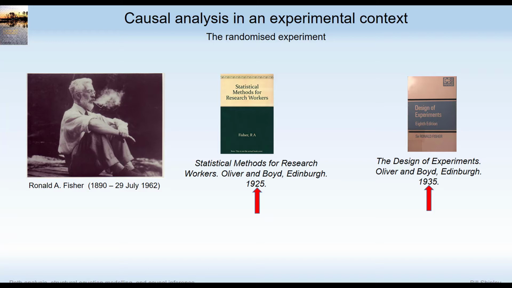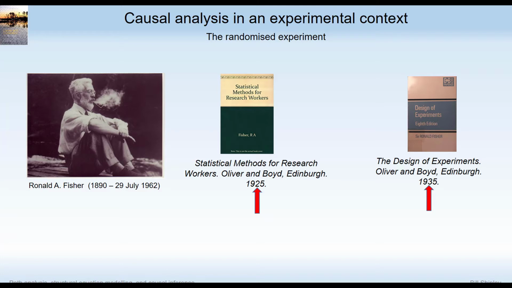So the randomized experiment was formally developed by the person you see on the screen, R.A. Fisher. R.A. Fisher was one of the great statisticians and theoretical evolutionary biologists of the 20th century. And the logic and methodology of the randomized experiment was presented in his 1935 book, The Design of Experiments.